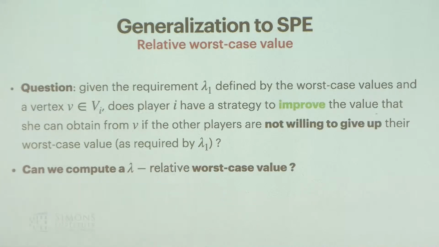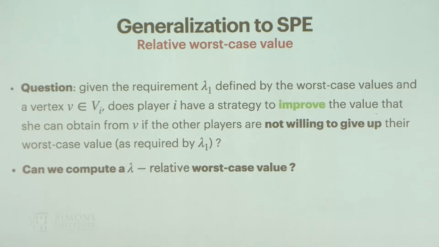Okay, but now I want to go to the subgame perfect equilibrium, right? And so how do I do that? What I will do is extend the notion of worst case value relative to rationality. So I would like now to compute a worst case value, but making assumptions about the rationality of the adversary. They will not be able to play as they want anymore, but they will need to play in a rational way. But this will be done incrementally.